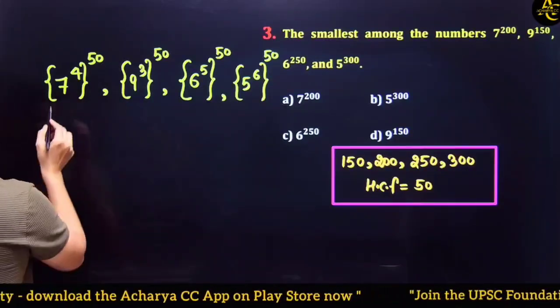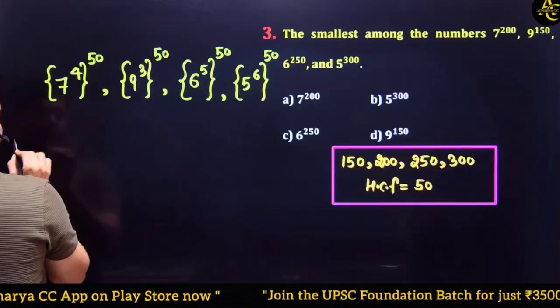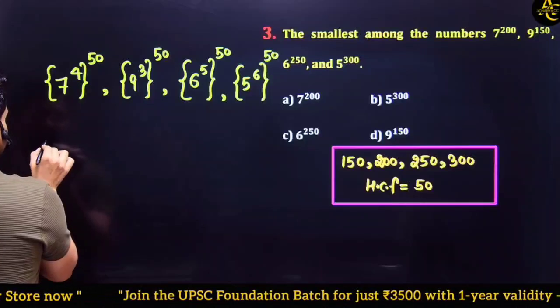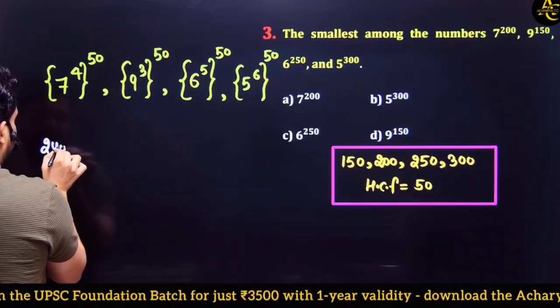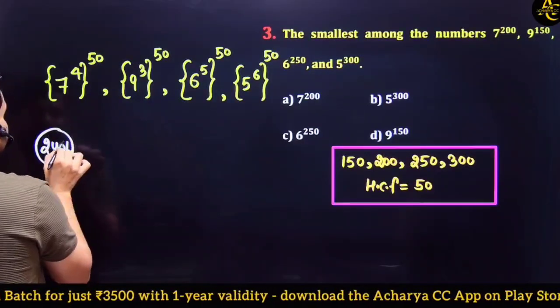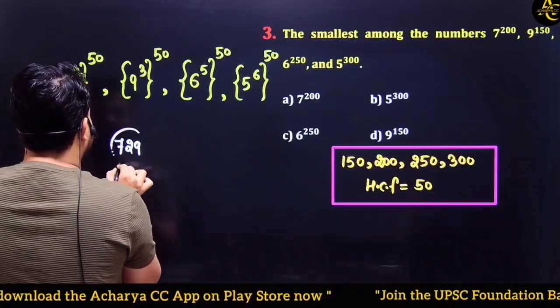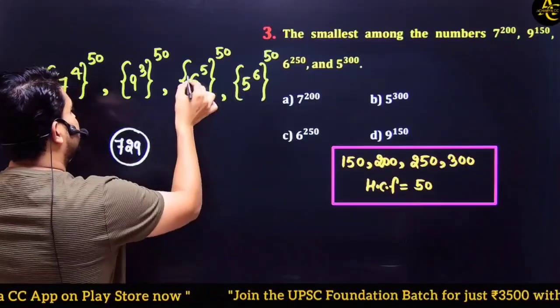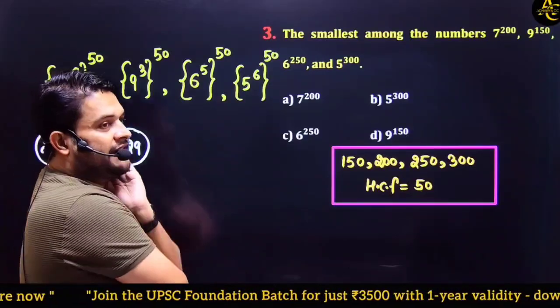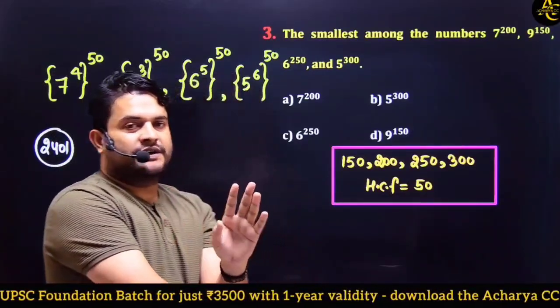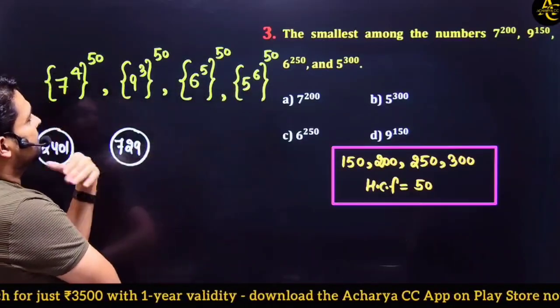See, this one is nothing but 7 to the power 4, which is 2401. 9 cube is nothing but 729. So this one is the smallest number, because here we have 6 to the power 5. You know that 6 square is 36.